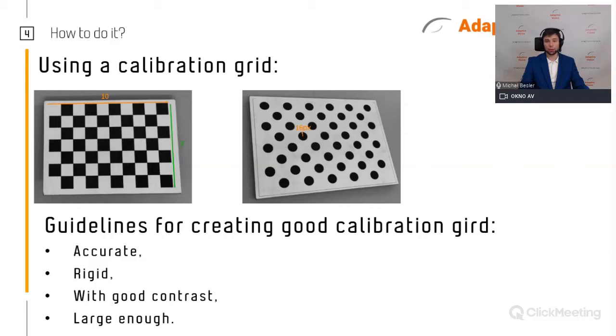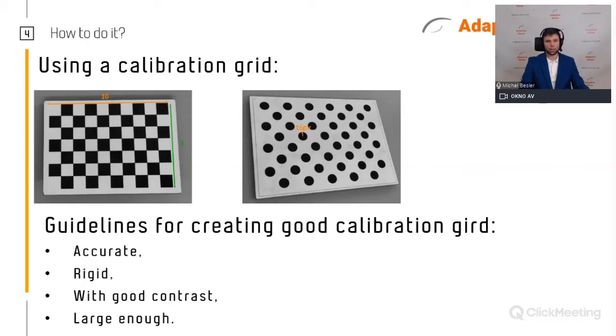Then another requirement is the good contrast between the foreground and the background. As in the examples above, we have a black object on a white background. We can also have it in the opposite polarity.